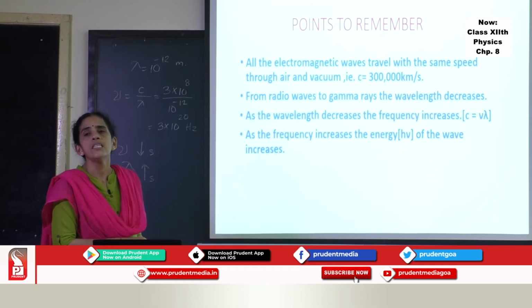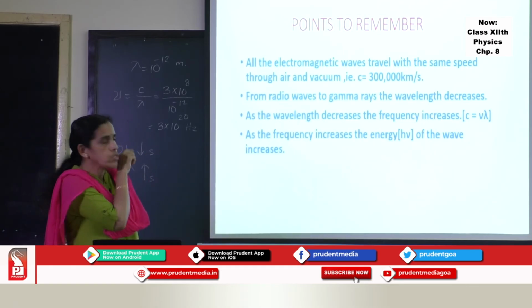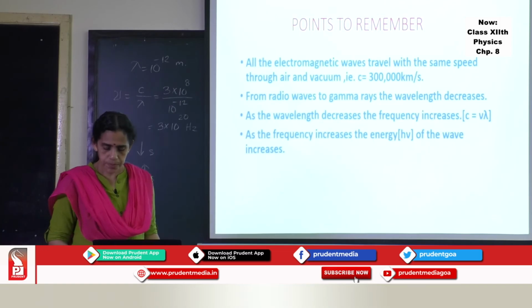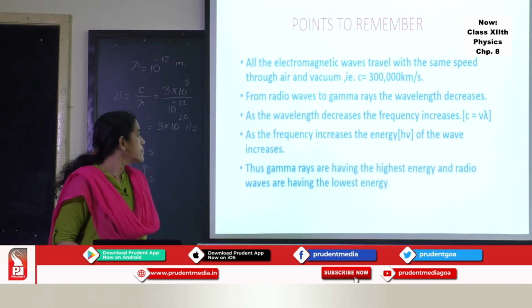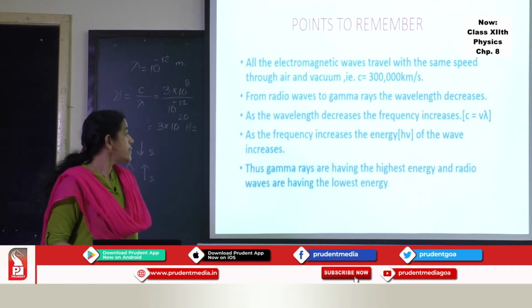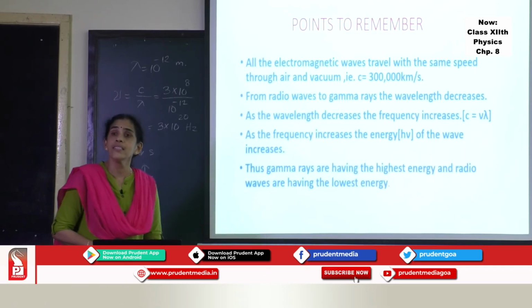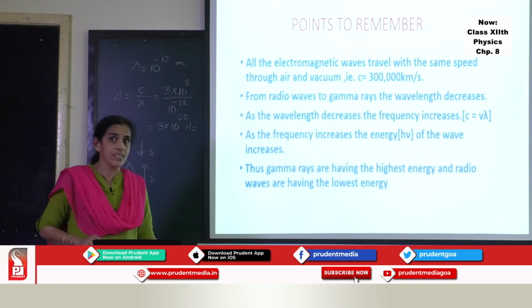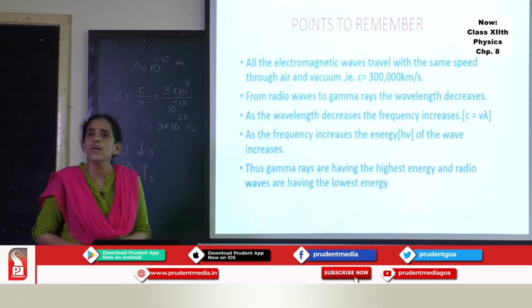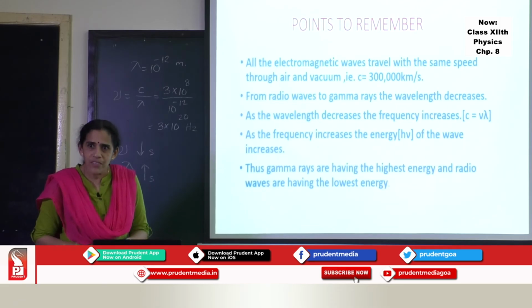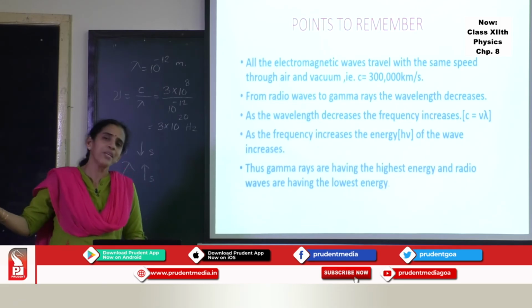We will discuss a few based on this. So, remember these points. Then the last thing is, the gamma rays have the highest frequency, therefore the highest energy. And the lowest energy is what? Radio waves.